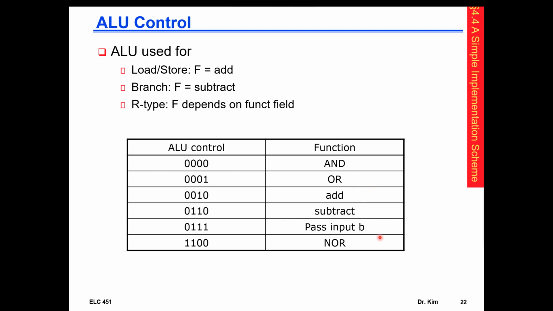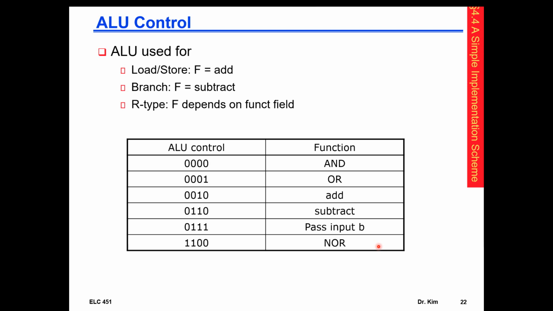It needs to pass input B, and it needs to do NORing. And this is in support of three groups of instructions. One, the loads and the stores, in which the ALU needs to add because we need to construct that address based on the immediate field and the base register.